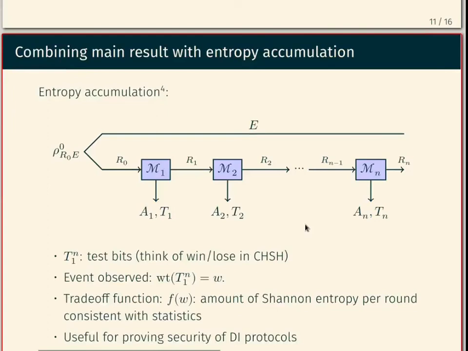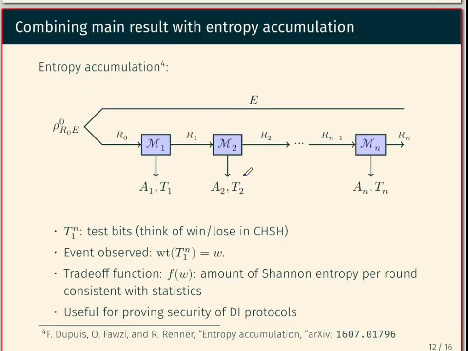Another thing we can do with this is to combine the main result with entropy accumulation. So just a very quick summary of what this is. It's a technique for bounding the smooth min entropy of a state that has this structure here, where we start out with a state rho R0E, and we have an n-step process that generates systems A1 to An, T1 to Tn.